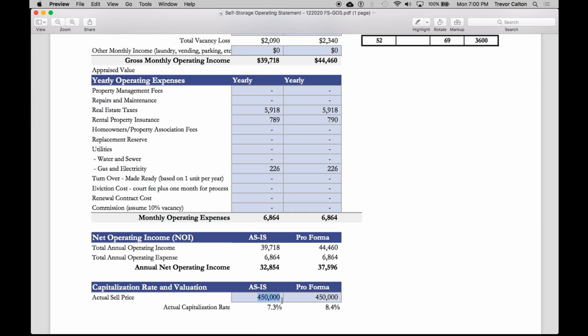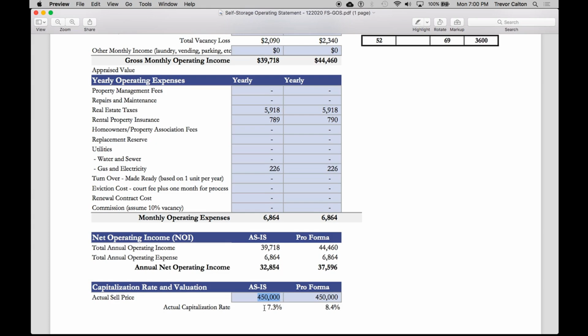Now, make sure that you look at historical sales to see what other similar property types, like self-storage, have sold for, and then you'll get an idea of whether you're paying the right amount. So I would encourage you to continue to look at these deals on LoopNet or any other multiple listing service.